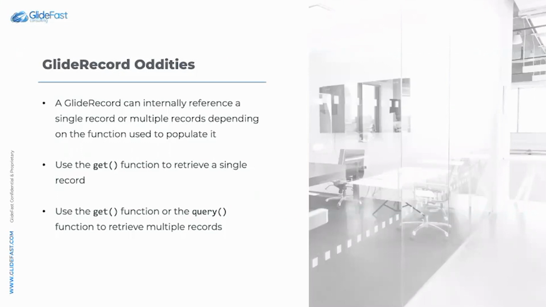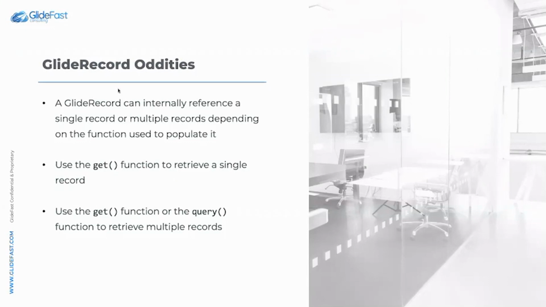So if you call, let's use get as an example. Here we see using the get function retrieves a single record, but that's not always true, and that's the quirkiness we need to talk about. Right after that, I tell you how to pull multiple records is to use get or to use query. So get sometimes retrieves multiple records.